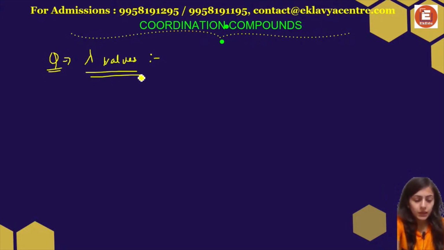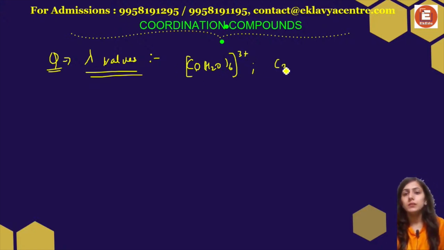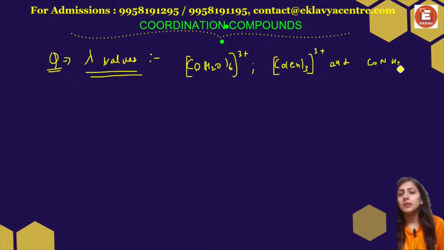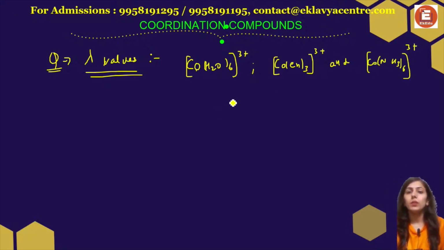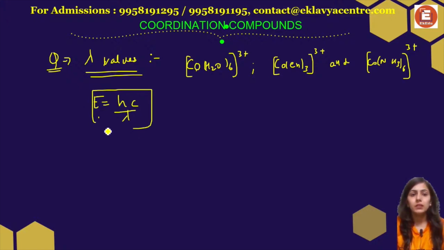So the complexes are Co(H2O)6 3+, Co(en)3 3+, and Cu(NH3)6. I'll explain the concept here itself. Energy is equal to hc by lambda, right?